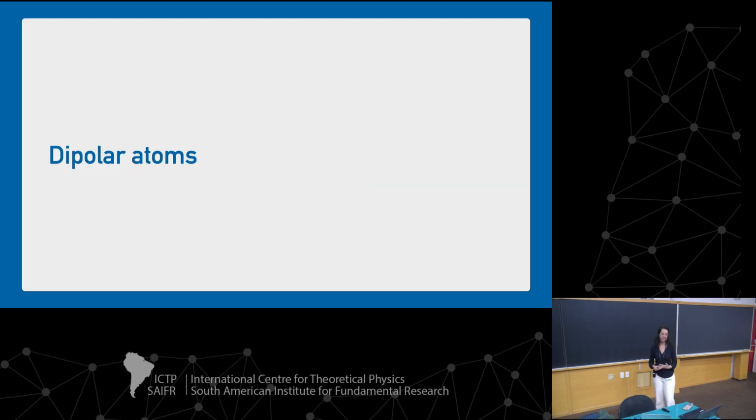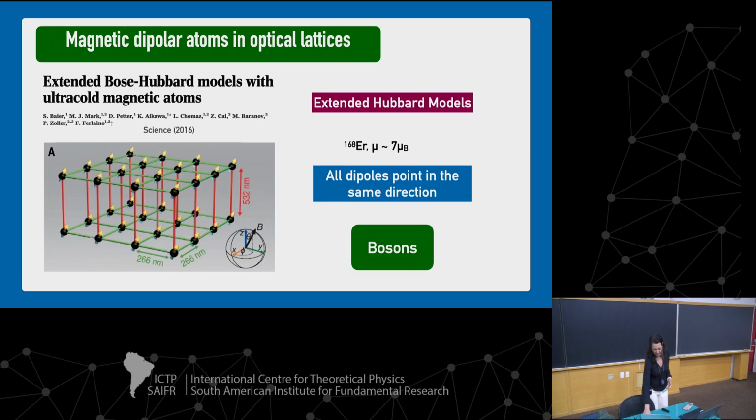So one of the things I think is interesting and we should be on the lookout for is dipolar atoms. There is this very, very nice experiment by Francesca Sferlaino's group in 2016, where she studied dipolar atoms. It's erbium atoms, bosonic atoms in an optical lattice.